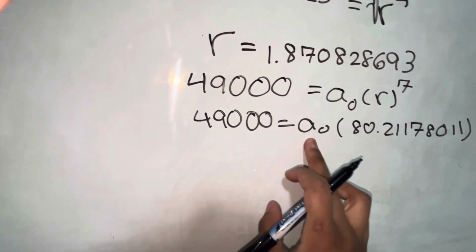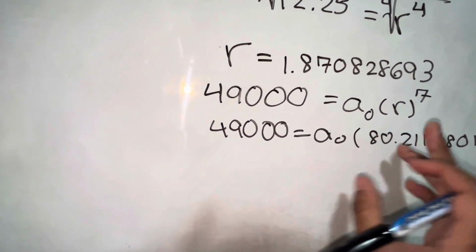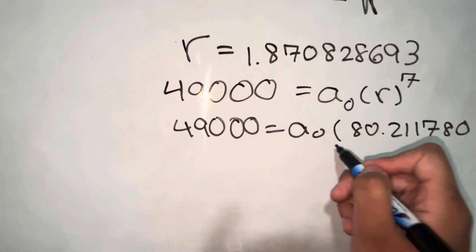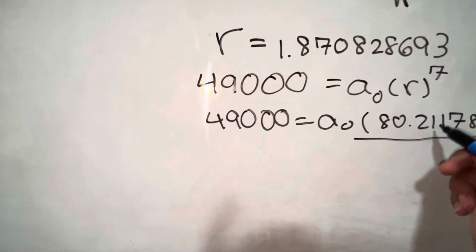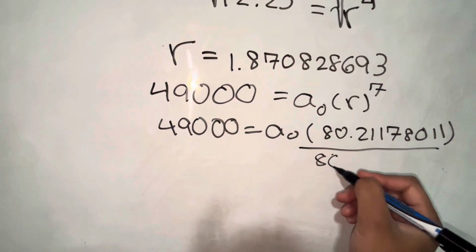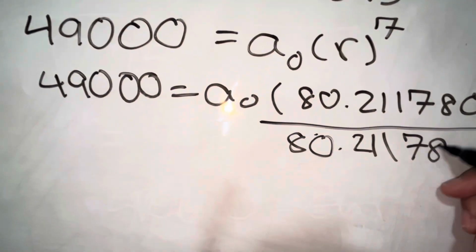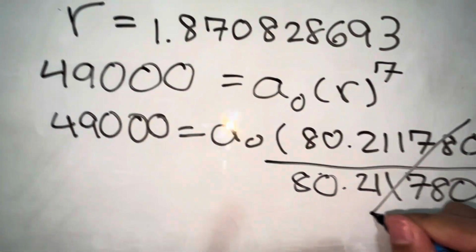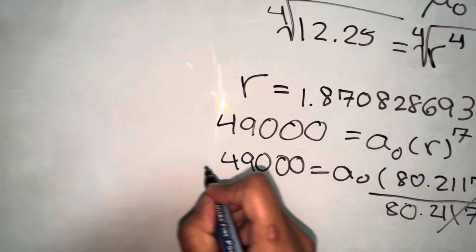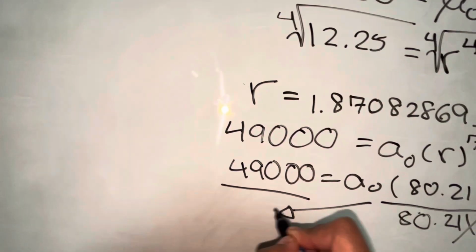Now, because we're trying to find A0 on its own, we're going to have to isolate it. So we're going to divide this from both sides. So that cancels this out, and then we'll divide it over here.